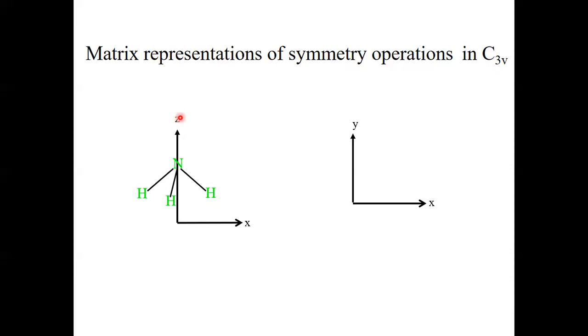So in order to approach this, let us look at the ammonia molecule from the bird perspective. And that means that we now have the x coordinate still pointing to the right, but now the y coordinate points to the top and the z coordinate points toward us. So now how will the coordinates transform as we carry out the rotation operation?